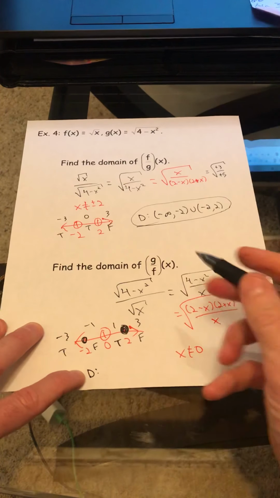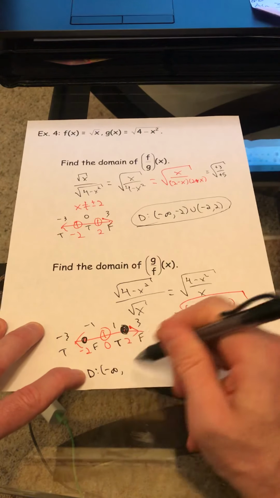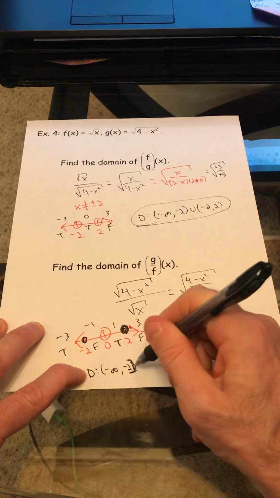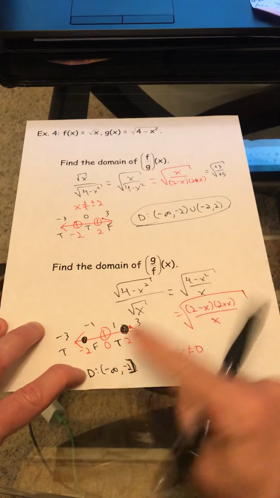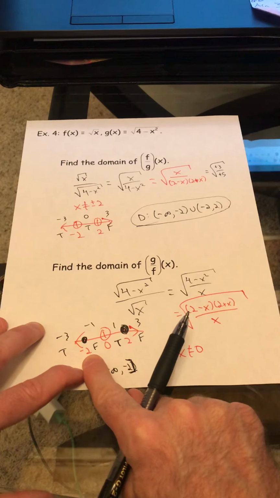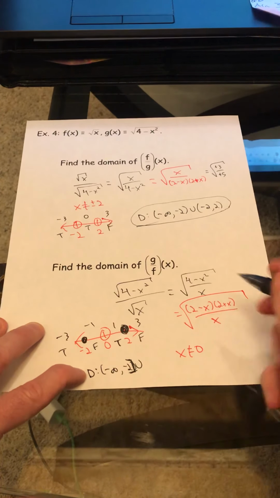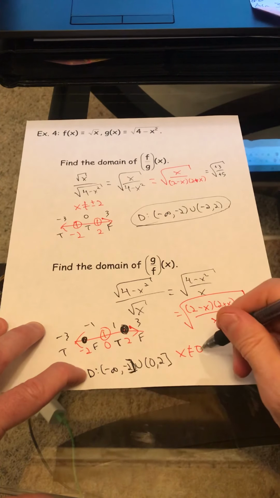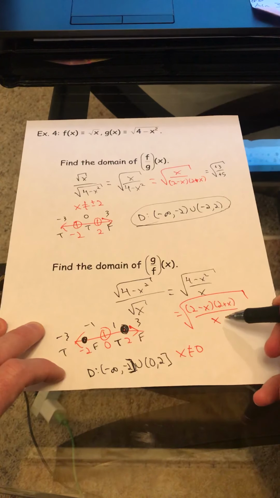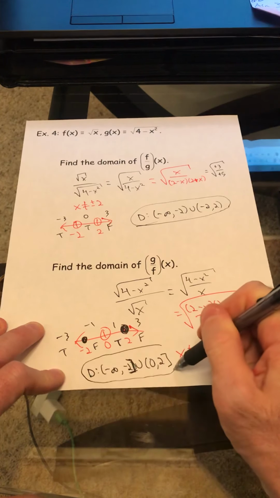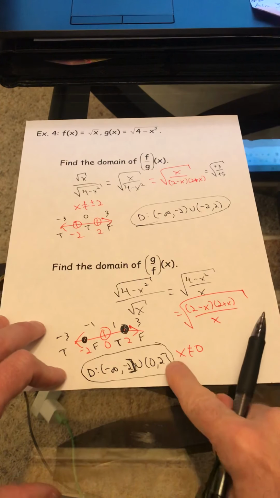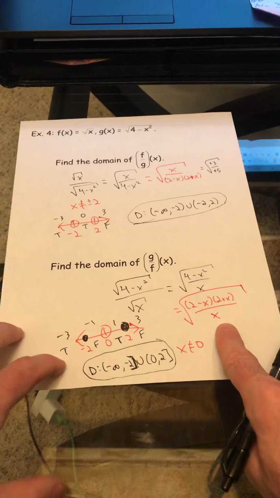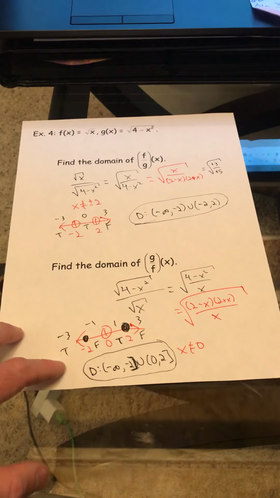So here your domain is negative infinity to negative 2 with a bracket, because now we have a closed dot, union 0 to 2. Again, our restriction: x cannot equal 0, and it's going to stop at positive 2. So it changes things a little bit when you flip. That completes the first half of section 1.7.